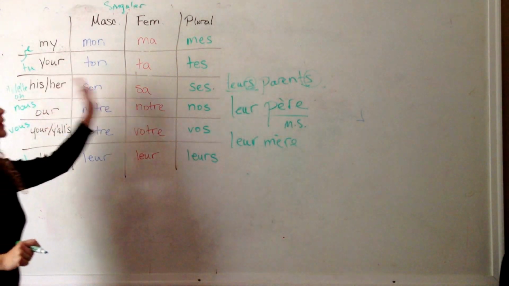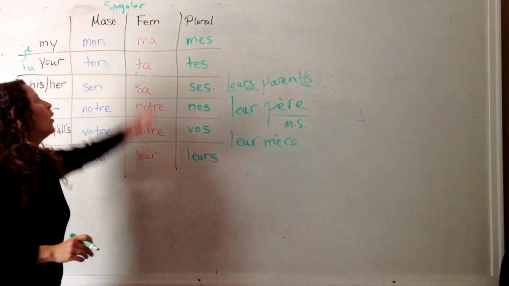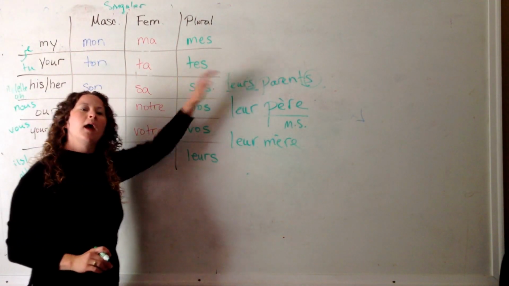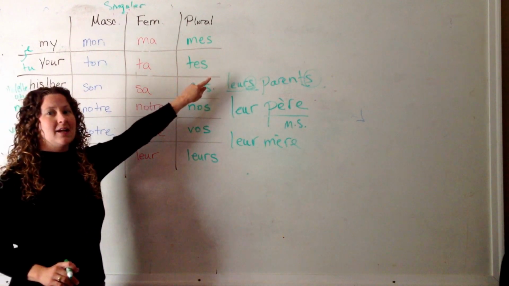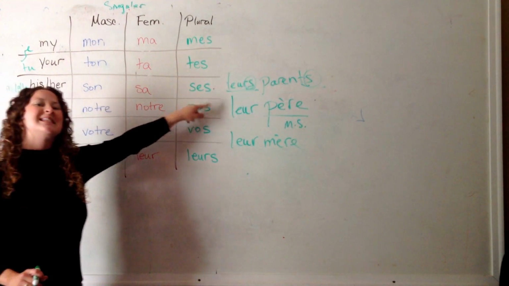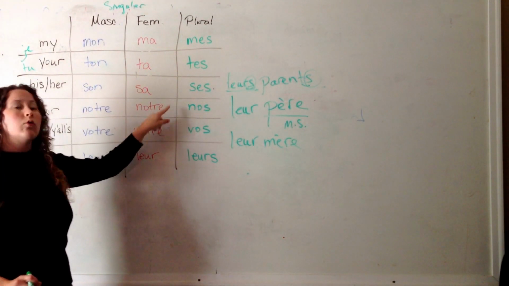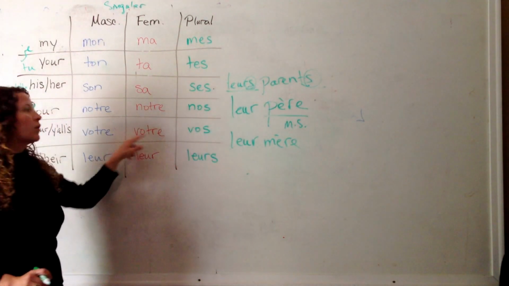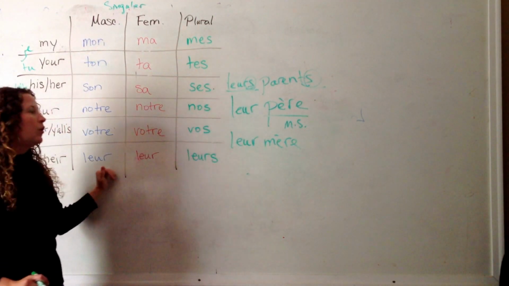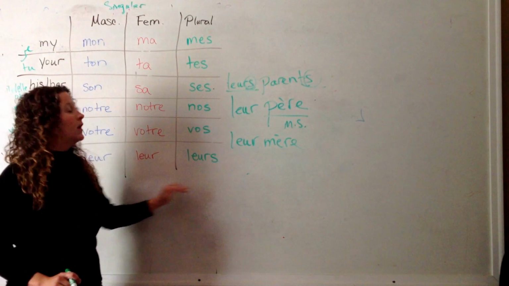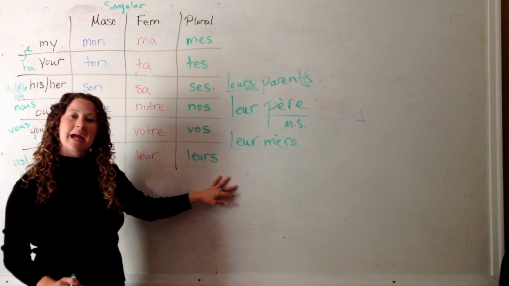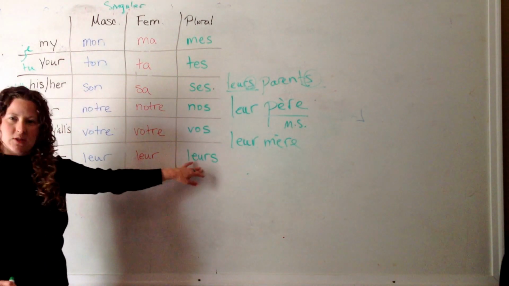Okay? So let me go over this chart really quickly. Mon, ma, mes, ton, ta, tes, son, sa, ses, notre, nos, votre, vos, leur. Now, these are actually all going to sound the same, these on the bottom especially.